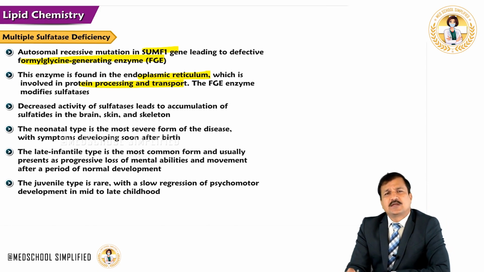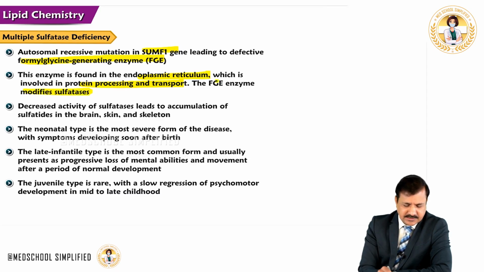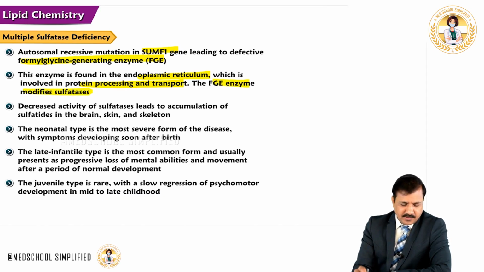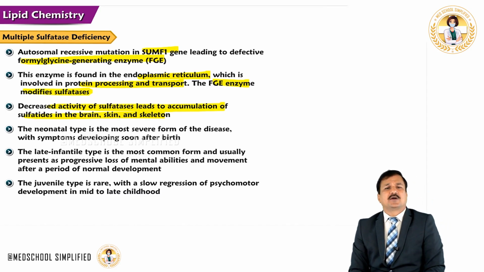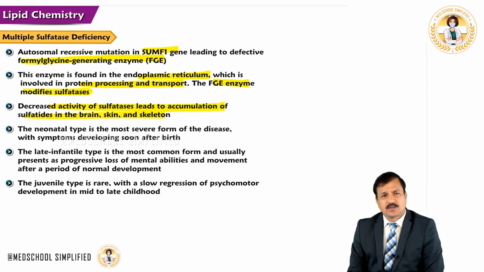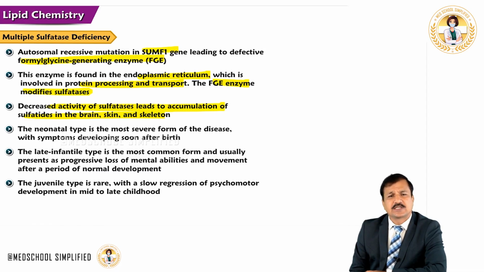And the formylglycine generating enzyme modifies sulfatases. Decrease in the activity of sulfatases because of the FGE enzyme mutation leads to accumulation of sulfatides in the brain, skin and skeleton. It will lead to signs and symptoms similar to aryl sulfatase enzyme deficiency.